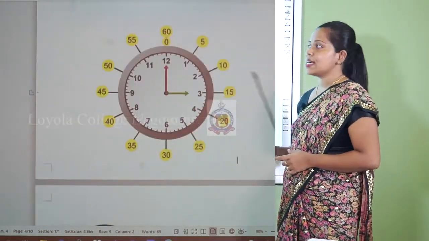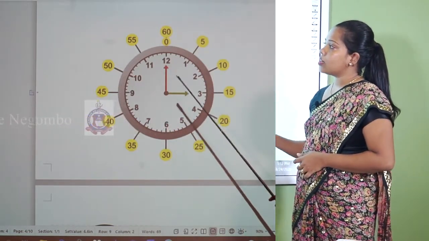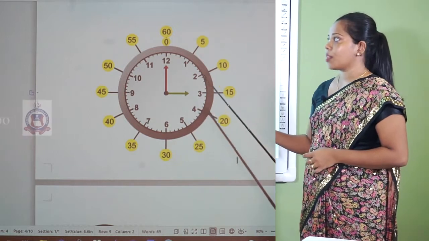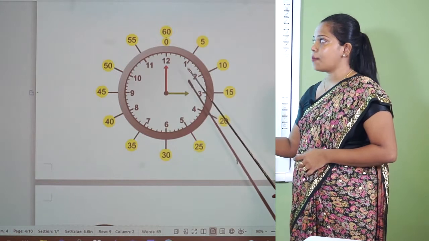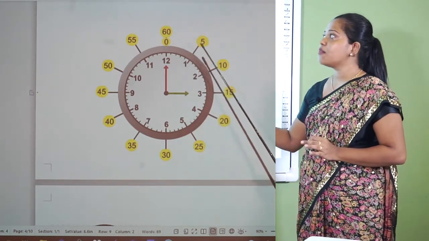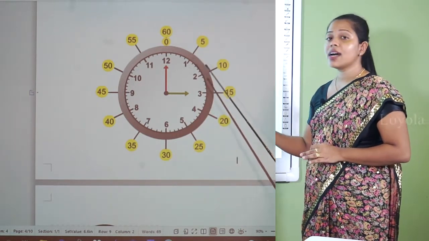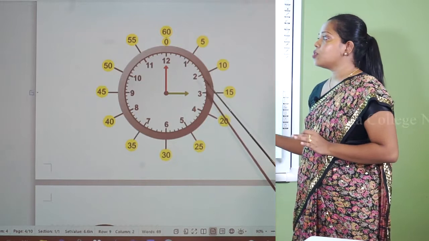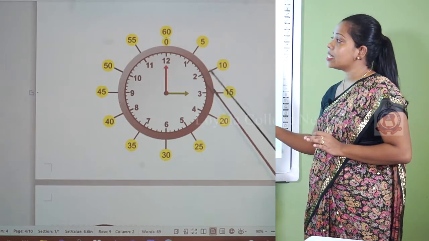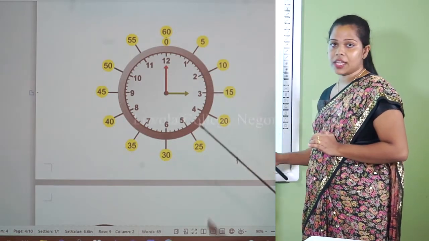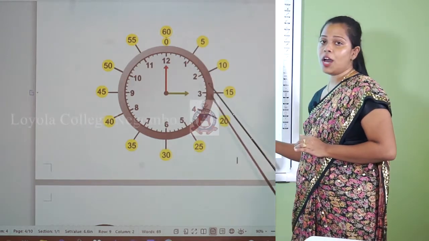Here Putte, you can see a clock. Here in this clock the time is 3 o'clock. Here from 12 to 1 there is a gap. That gap means 5 minutes. From 1 to 2 there are another 5 minutes. 2 to 3 another 5 minutes. So likewise each of these gaps has 5 minutes. So here 12 to 1 is 5 minutes. 12 to 2, how many minutes?